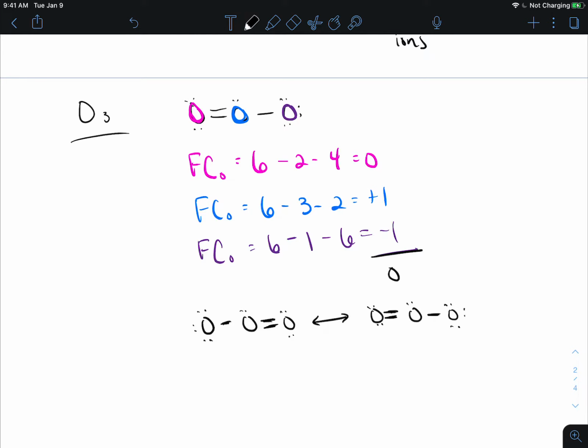If you actually look at the bond lengths in ozone using advanced techniques, you find that these bonds are actually equivalent. And though you may not know this, if you have a double bond, it is going to be shorter than a single bond. We'll talk about that shortly. But if you have two bonds, one's single, one's double, but they're showing up as the same bond length, that means we don't have different bonds.